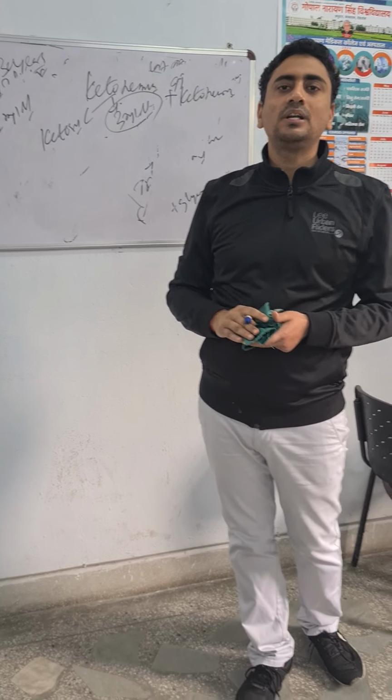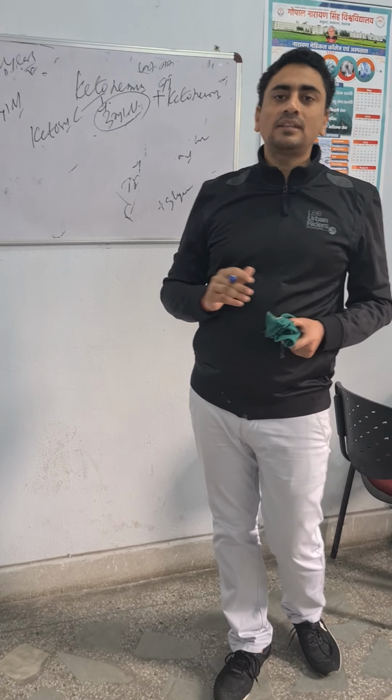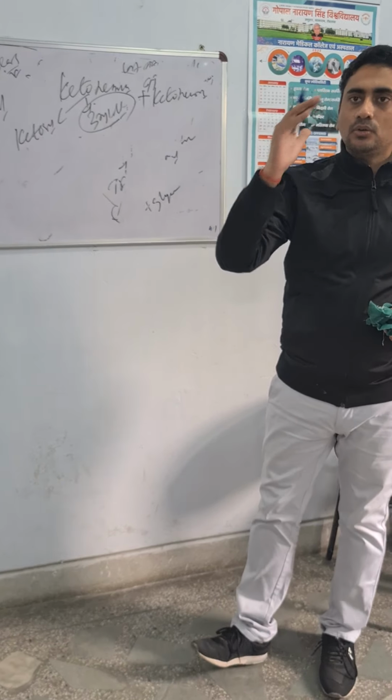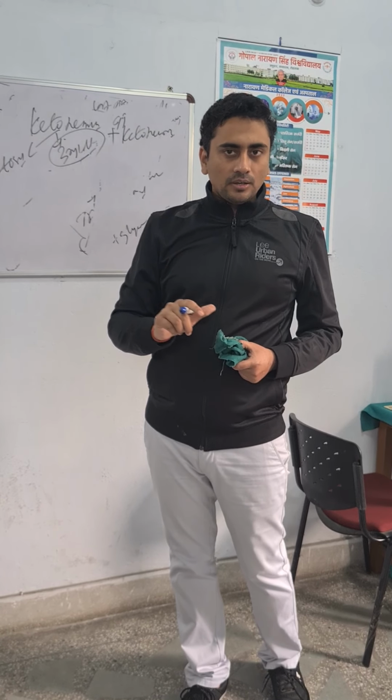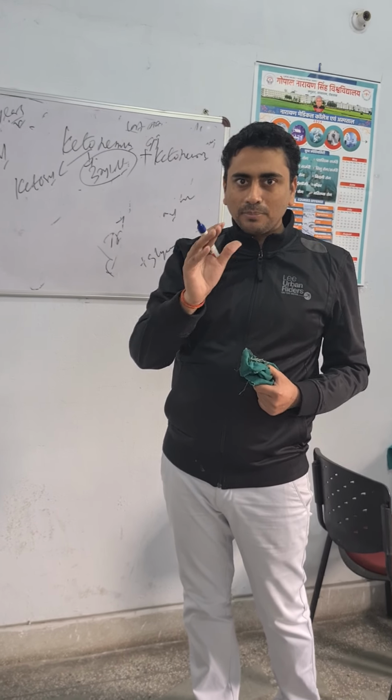This excess formation of ketone bodies can lead to a life-threatening complication called diabetic ketoacidosis. Why does that happen? Because ketone bodies are acids. They release H plus ions, and these H plus ions decrease the bicarbonate, which is the main plasma buffer.